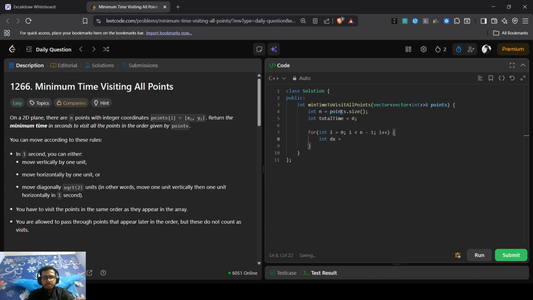The dx is the first point's x, it's the x2 minus x1, and we would take the absolute value.